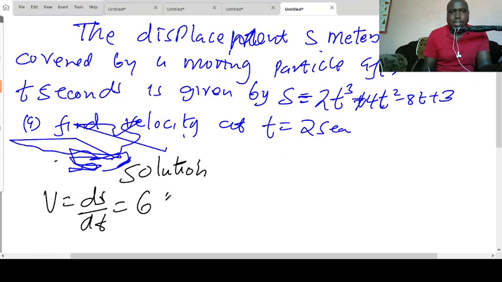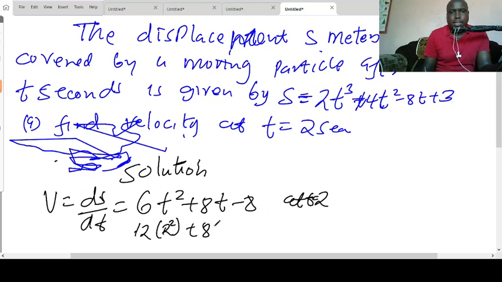It will be 6t square plus 8t minus 8. So at t equal to 2, you substitute here: 6 times 2 square plus 8 times 2 minus 8.